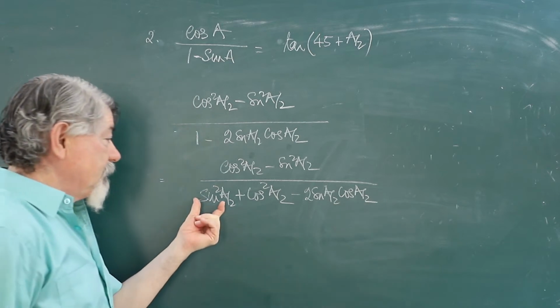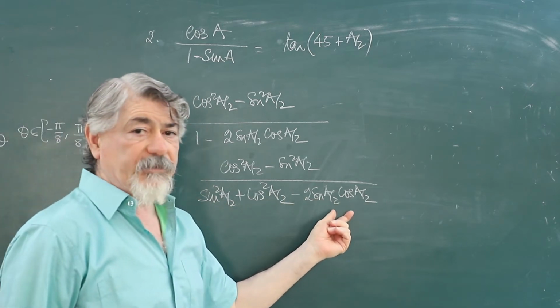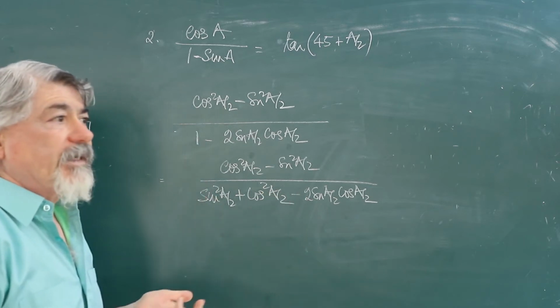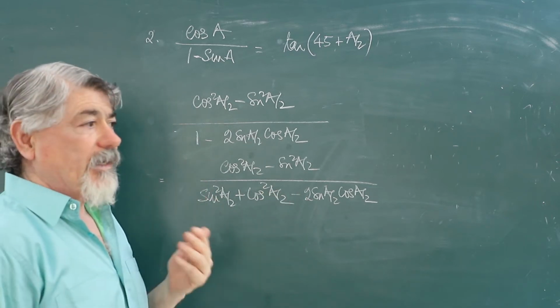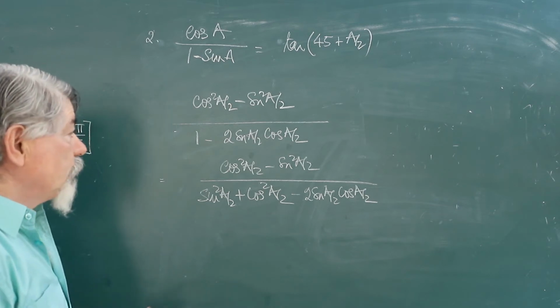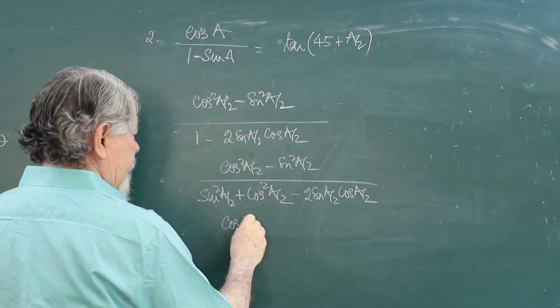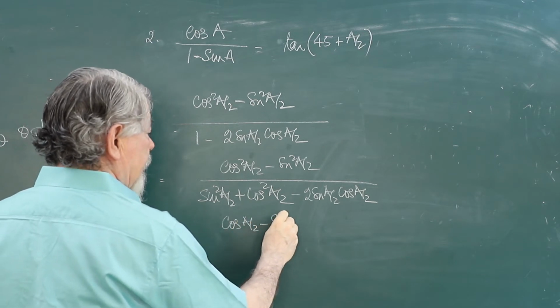Now please see, this is a square plus b square minus 2ab, so I can write it as (a minus b) whole square. And it is cos A by 2 minus sin A by 2.